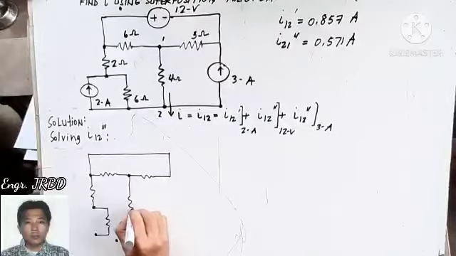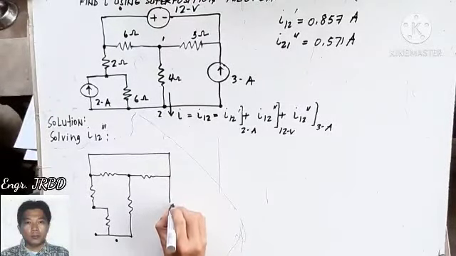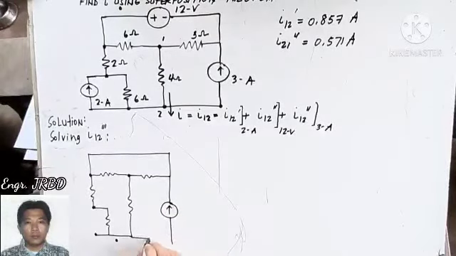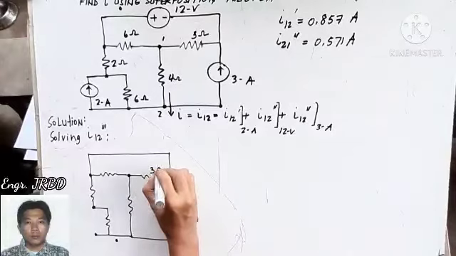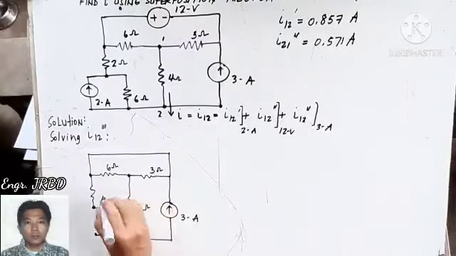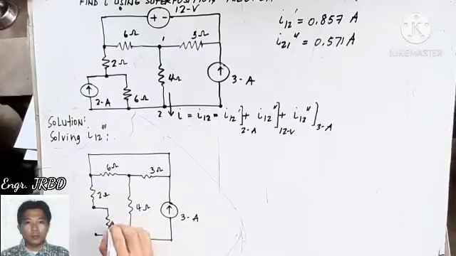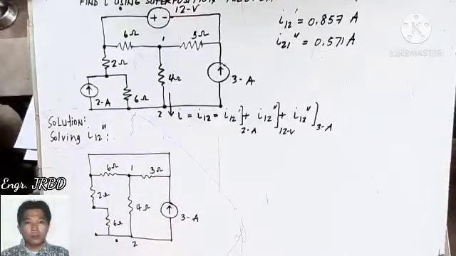Four ohms and 3 amperes. Three ohms, 6, 4, 2, and 6 ohms. Terminal 1 and terminal 2.